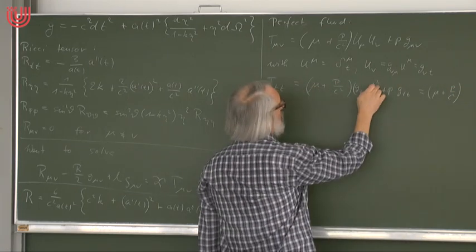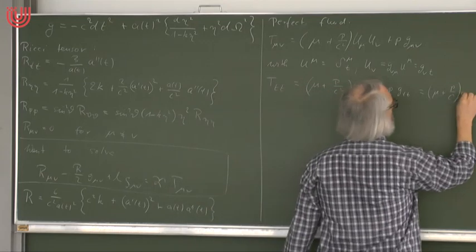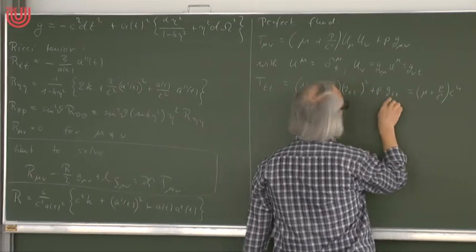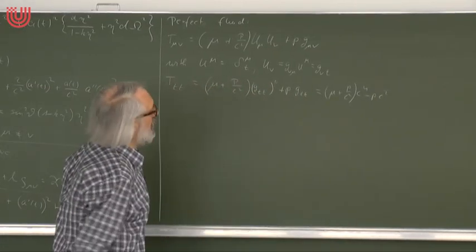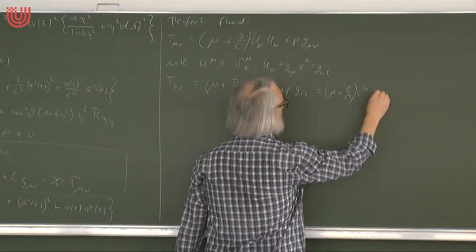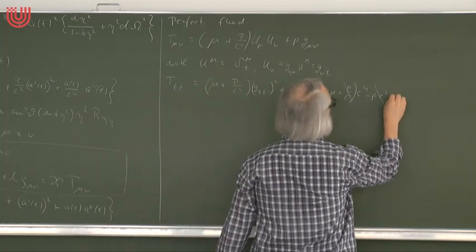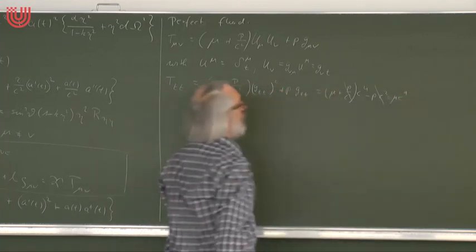The minus sign goes away because of the square, and then it's c to the 4. This is minus c squared. And yes, fortunately, the signs are correct. So the p cancels, and we just get mu c to the 4.